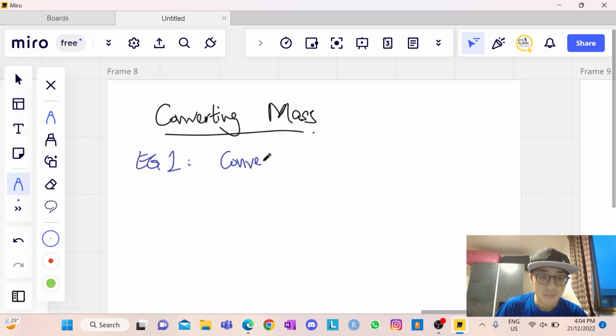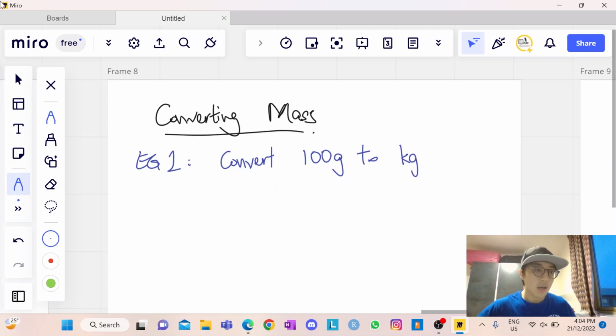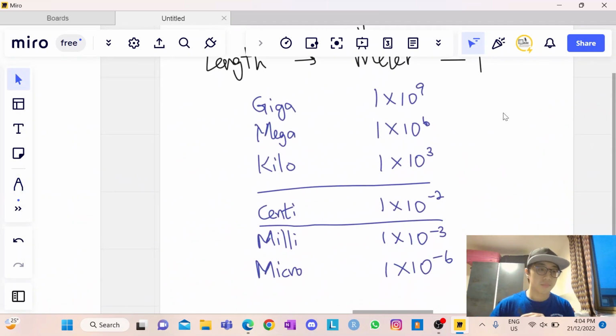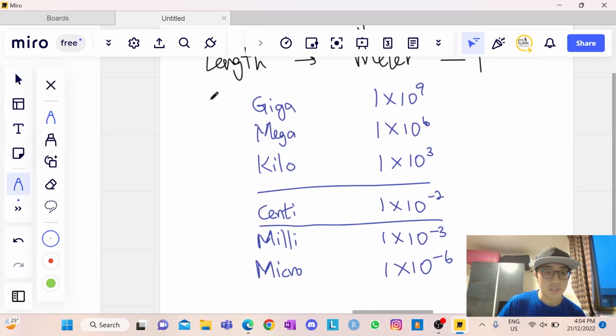Convert 100 grams to kilograms. Maybe I should denote the prefixes here so that you can understand. This is big G, big M, big K, or you can write it with a small k too. This is C, this is M, and this is mu, as I said.